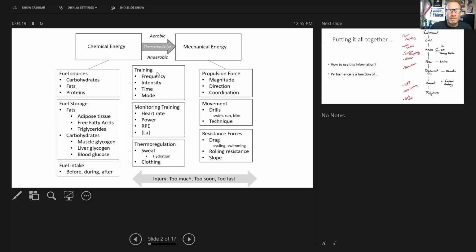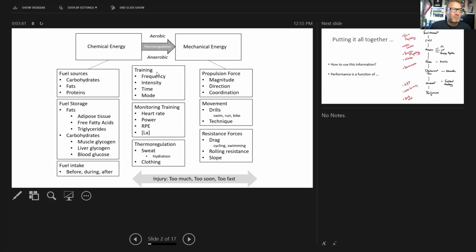We've touched on some of this through this semester. Mostly intensity is what we've dealt with, a bit with mode in terms of things like graded exercise tests, how results may be different if you're doing a swim, bike, or run test. But we've talked about intensity quite a bit, the influence that has on fuel substrate used or physiological responses, things like that.